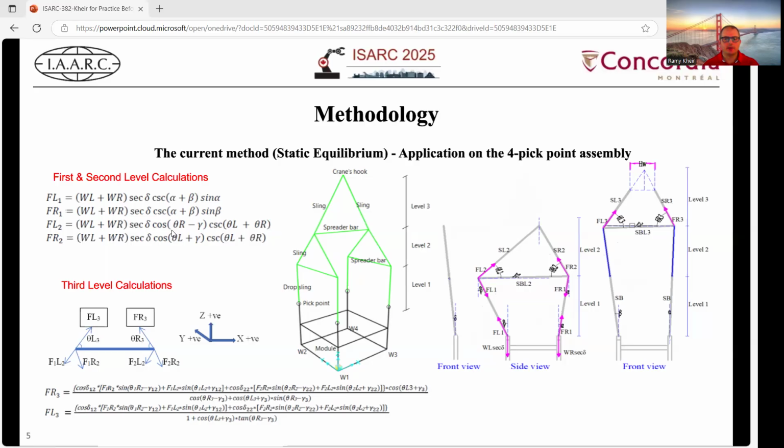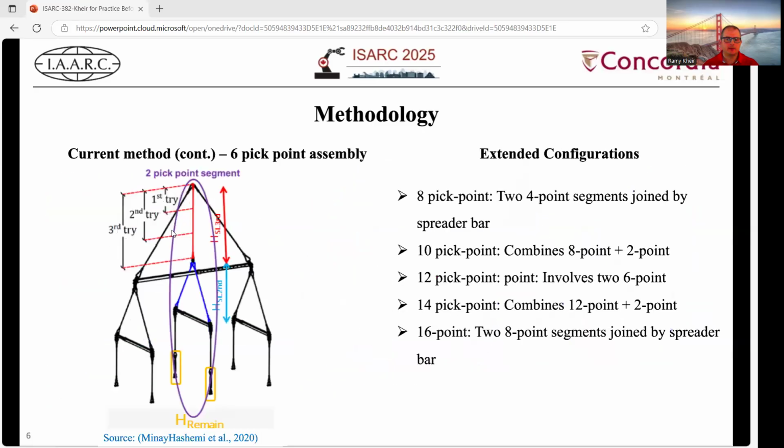Now, by looking at the components at the third level, and by considering the free body diagram of the spreader bar with the applied forces, the static equilibrium method computed the 2 sling forces at the third level using these 2 equations. The existing method was also applied for a 6 peak point system, which consists of the 4 peak point segment plus a 2 peak point segment lying at the middle.